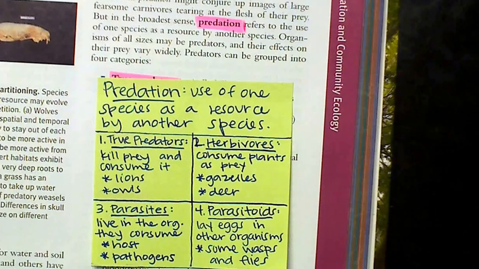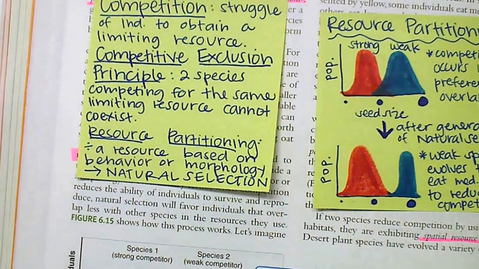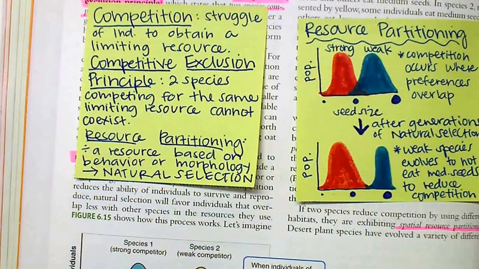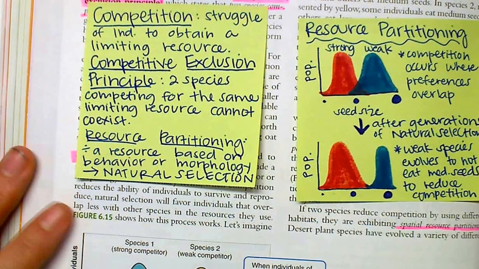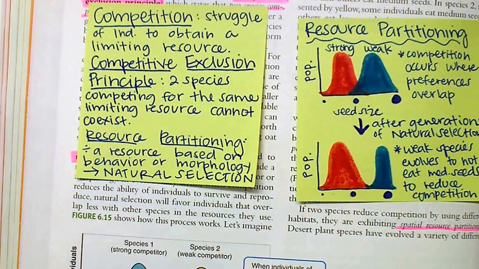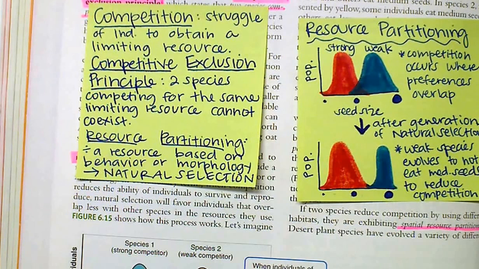All right, so our definition of competition is the struggle of an individual to obtain a limiting resource. Usually limiting resources in ecosystems can include food or availability of water or space to make a nest. I think we talked about limiting resources in the last lesson.